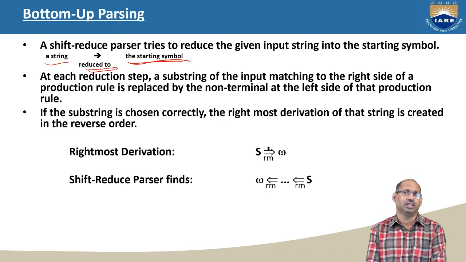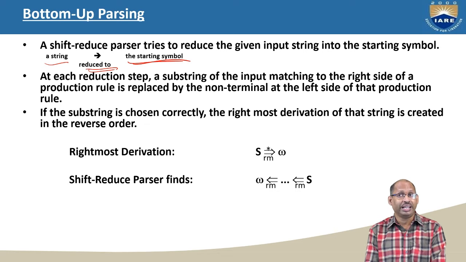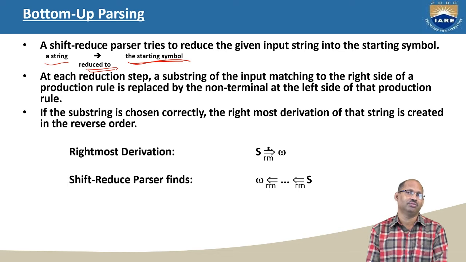If they match, then we replace that substring with the non-terminal symbol, the left side of the production. This is called a reduction step. So right side symbols replaced with the left side non-terminal is called the reduction step.